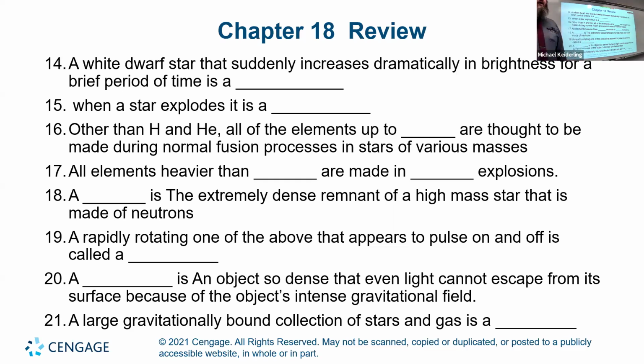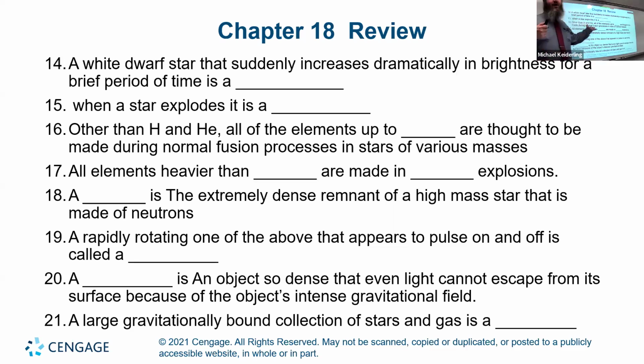And all elements heavier than iron are made in supernova explosions. That's the basic idea. The actual process is more complicated than that. We don't need to worry about that for this.